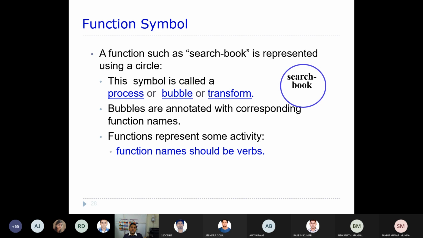Then you try to find the compound statements, and in these compound statements you underline the verbs and the nouns. The nouns may be the entities or the objects, whereas the verbs will represent the functions. I already told you that before.